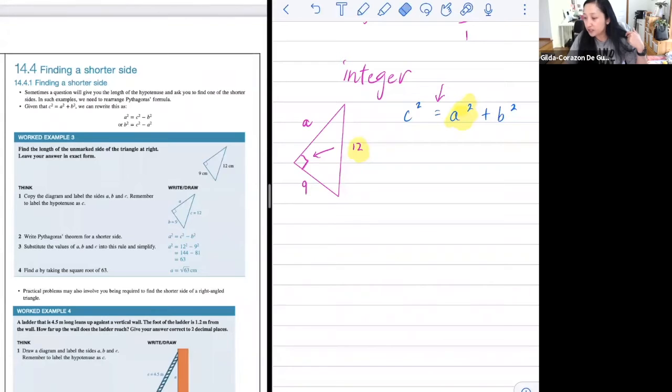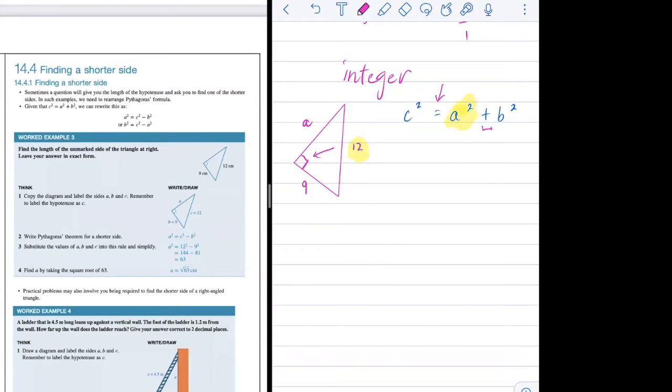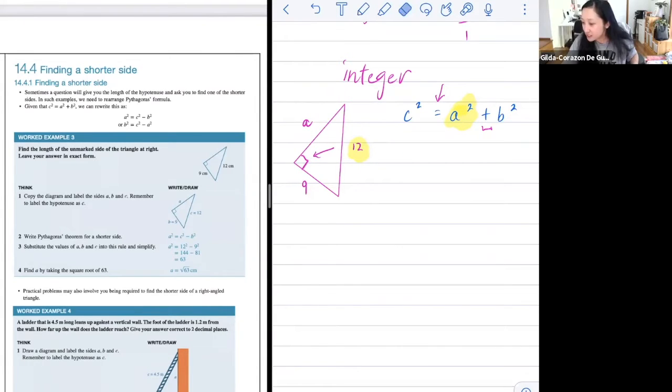To get rid of the B squared, it says plus B squared, so what's the reverse of plussing? Minusing. We want to minus B squared to get rid of that. But to maintain the balance, what we do on the right, we also do on the left. So if we minus B squared here, we also want to minus B squared on the other side. So what do we have now?